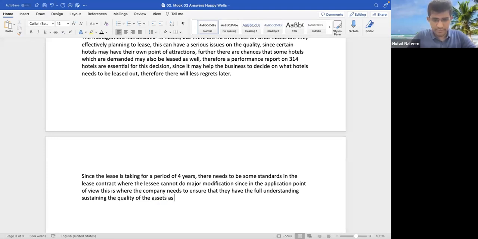Therefore, this is a very critical non-financial factor to be considered.